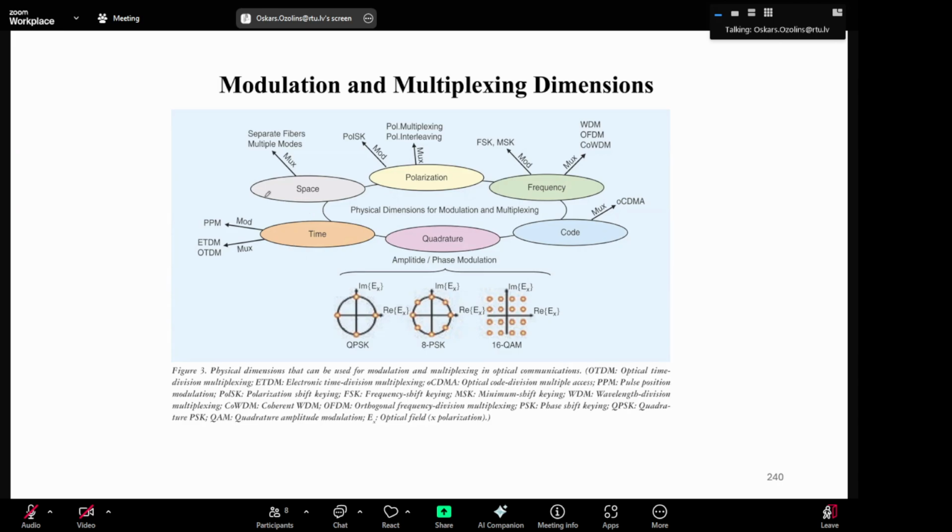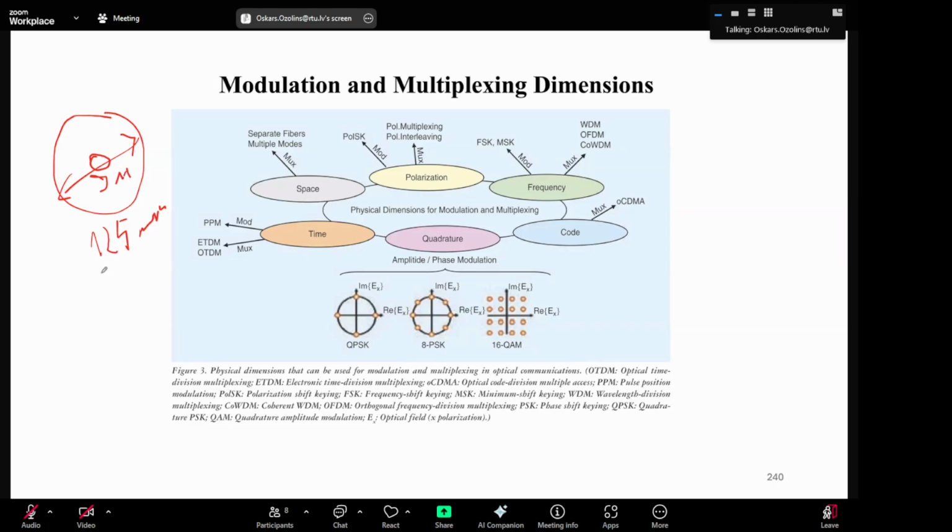And one increasing research topic is space division multiplexing. In recent years, we also see that the first multi-core fibers are being deployed. In this case, we have the same outer diameter. A single mode fiber has 125 micrometers, and for a single mode fiber there's one core, which is roughly 9 micrometers.